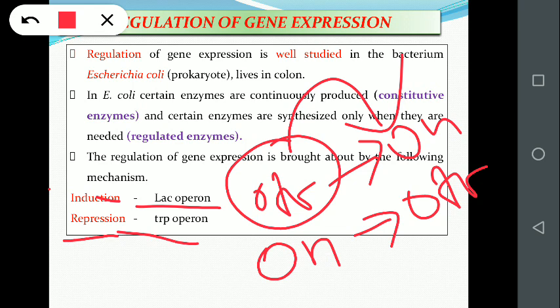So this is a biosynthetic operon. The amino acids must be provided, enough amino acids must be provided to the cells for their continuous production of different kinds of proteins.